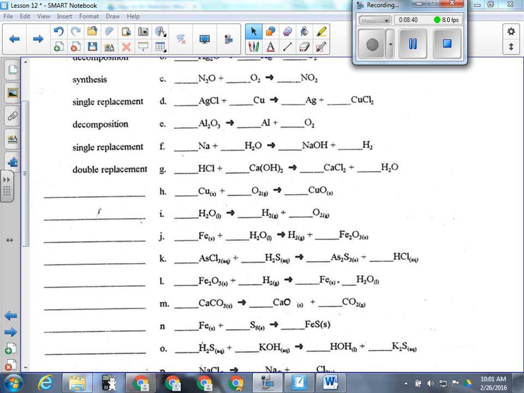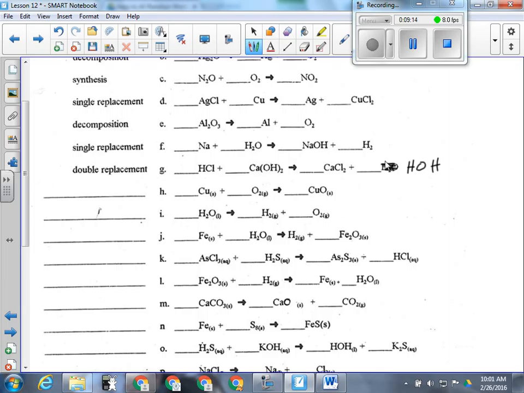Okay, guys, sorry, another one that's just come up here that often gives people trouble is G on the balancing sheet. So we're looking at hydrogen chloride reacting with calcium hydroxide to produce calcium chloride and water. The trick to this one, what makes it difficult to balance, is the way water is written. I've got H and OH on this side, but I've got H and O on this side, and it can be confusing, unless you change the way water is written to this.